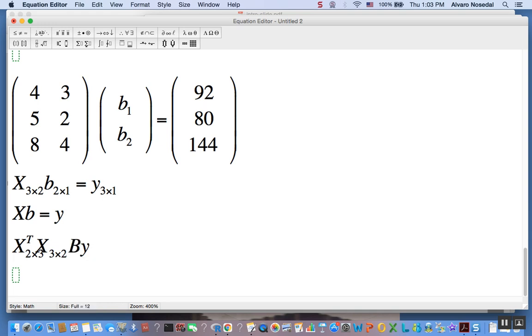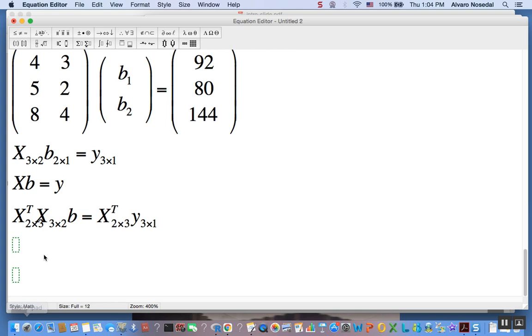We know that works, right? And X transpose is 2 by 3, and y is 3 by 1. So we can do that multiplication. Make sense? Okay.